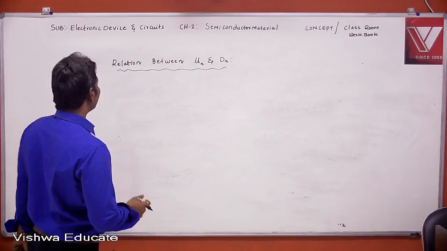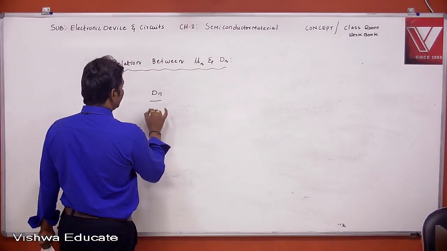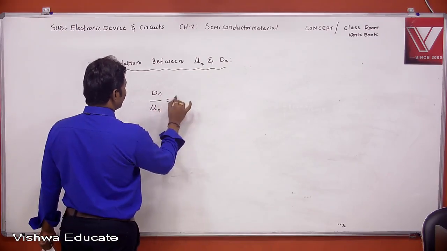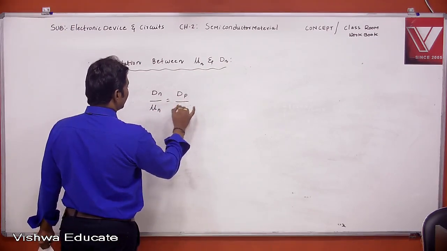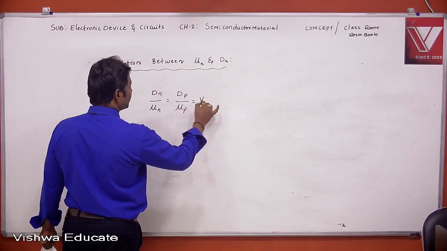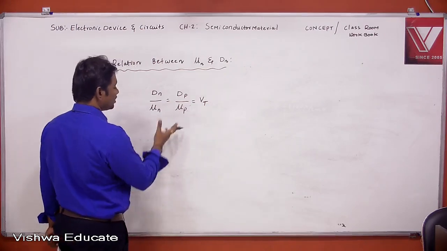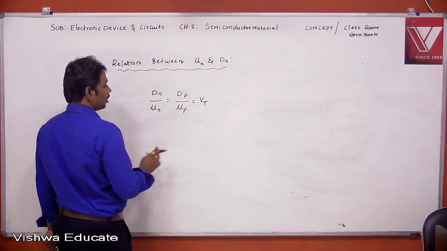What is the Einstein relation actually? The Einstein relation is Dn by mu n equals Dp by mu p, which is equal to Vt. Here, what is Vt?